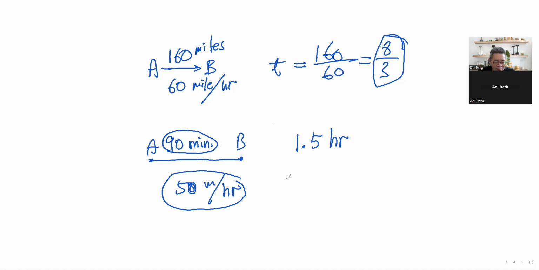And then the distance is 50 times 1.5. And that will give us 75 miles.